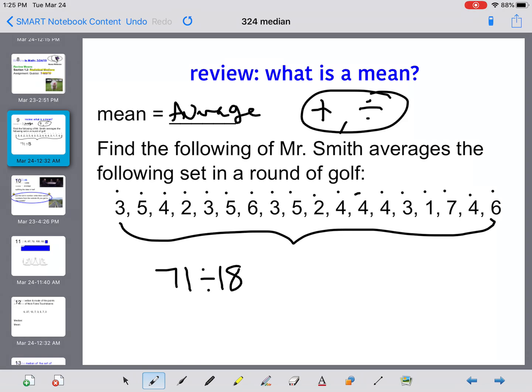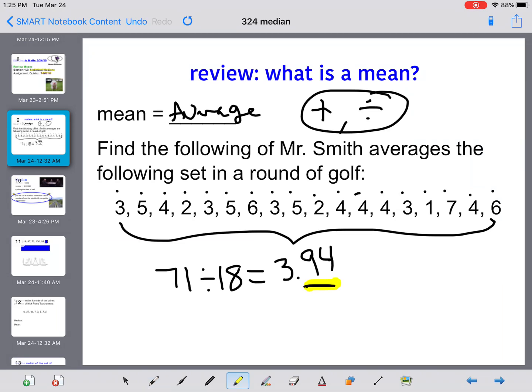So, let's take a look at what we would get. Well, what I got is 3, and then 94.